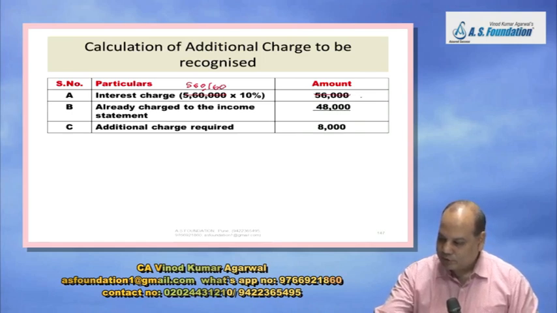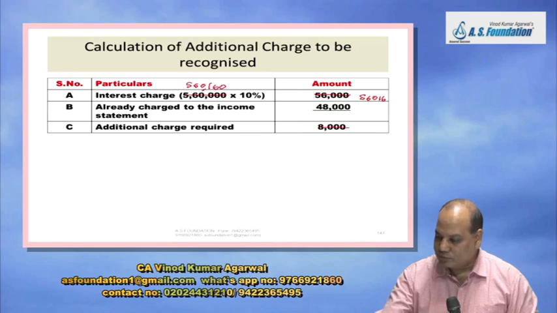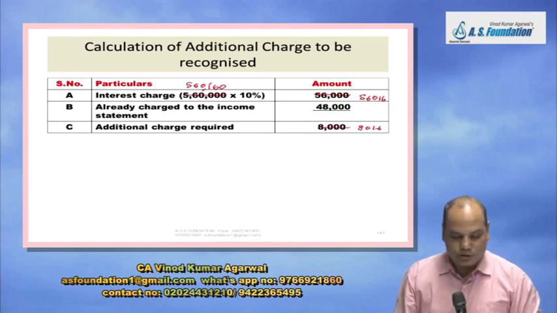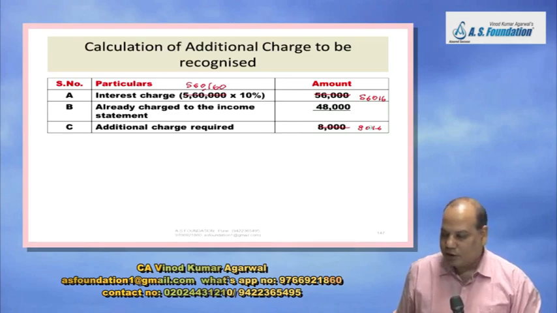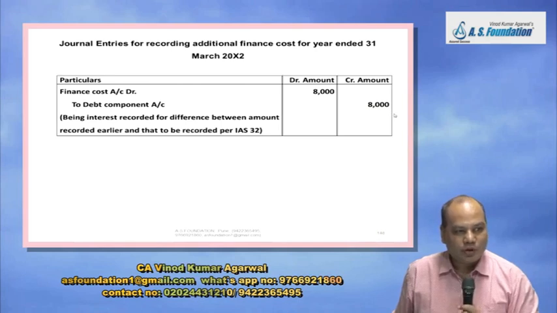So that is 56,016. 48,000 he has charged. 8,016 more he has to charge. For this, one more entry you have to pass. That is finance cost account debit 8,016 to debt component 8,016.